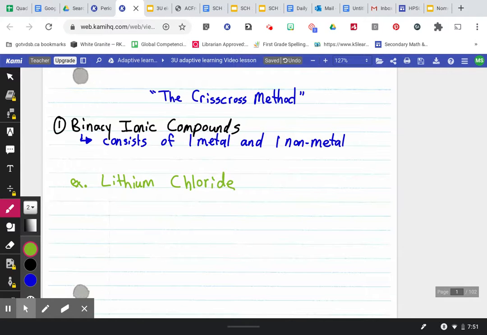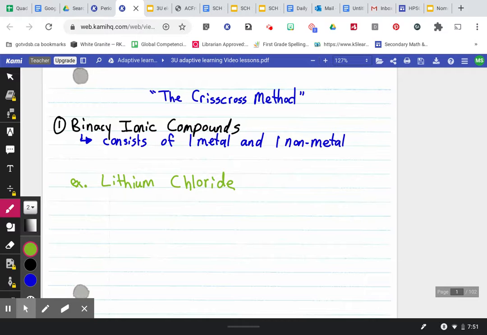It's called a binary ionic compound because it has one metal and one non-metal. And we know from before that this bond is held together by electrostatic attraction from a metal and a non-metal that results from the transfer of electrons.